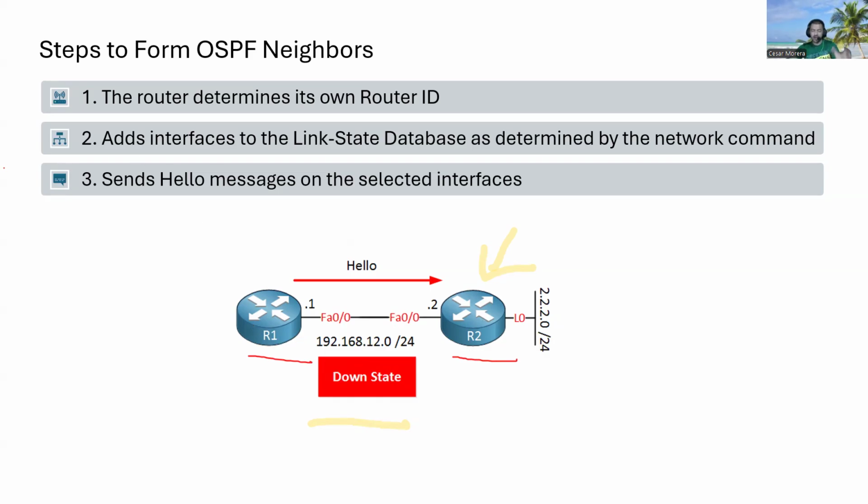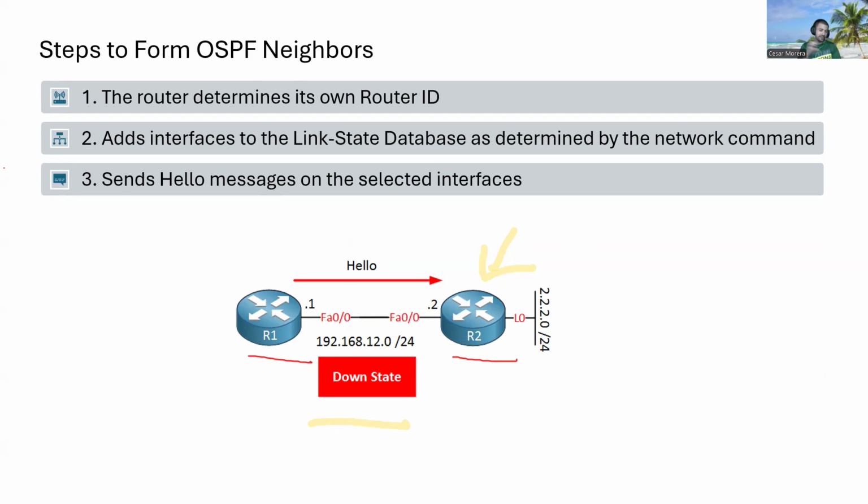So let's see what starts happening in order for a neighbor relationship between OSPF routers to finally occur. The router will send a hello, but there is no response yet because the neighbor is down. So the first thing it does, the router determines its own router ID.